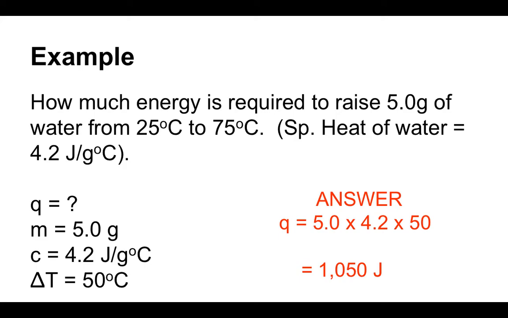This is the amount of energy needed to raise 5 grams of water from 25 degrees Celsius to 75, which equals 1,050 joules. You can also calculate it in calories. You would just substitute 4.2 with 1 calorie per gram degree Celsius, and that will give you a different answer.